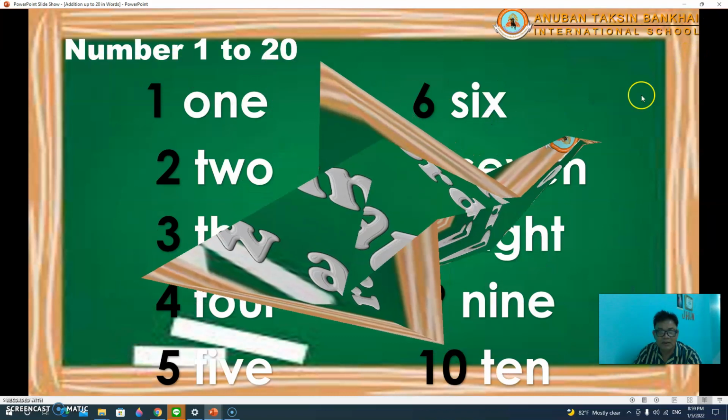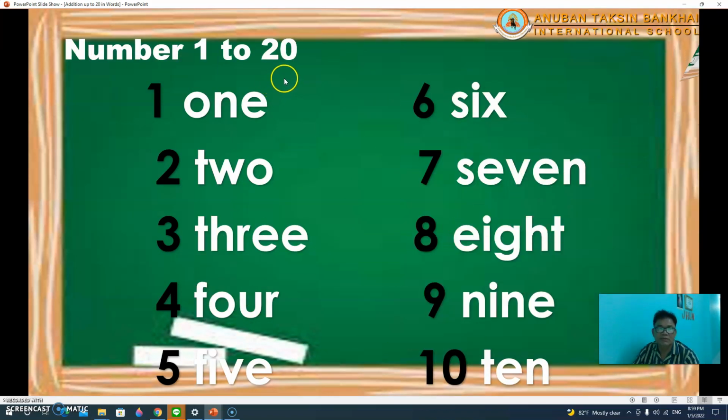Let us review numbers 1 to 20: 1, 2, 3, 4, 5, 6, 7, 8, 9, 10. We're going to spell them one more time.